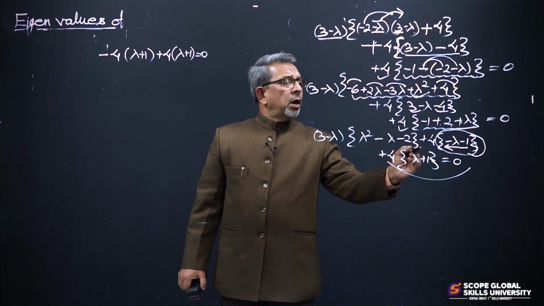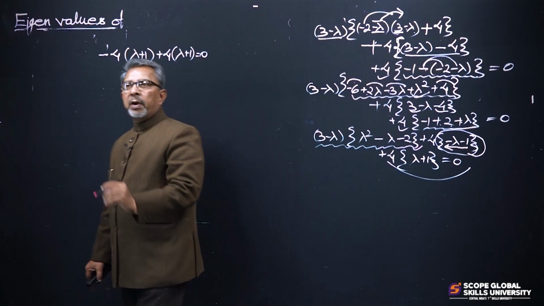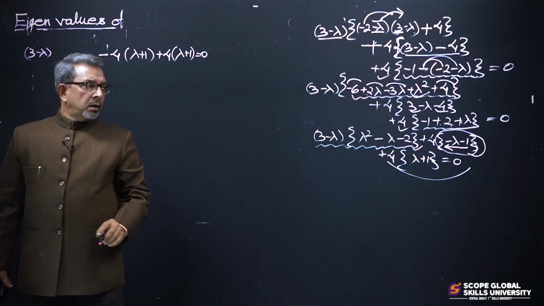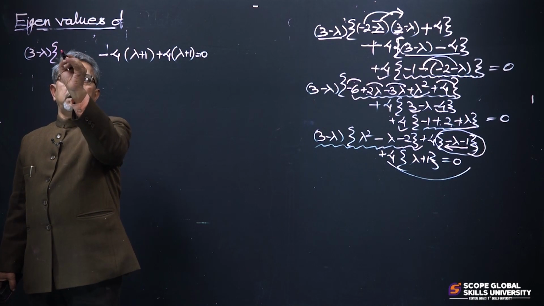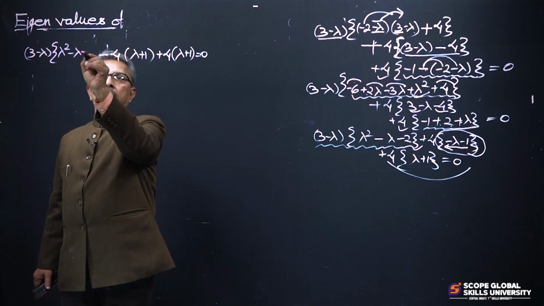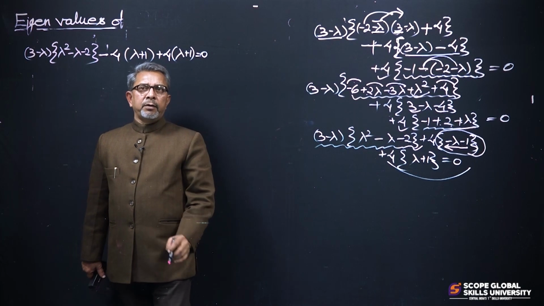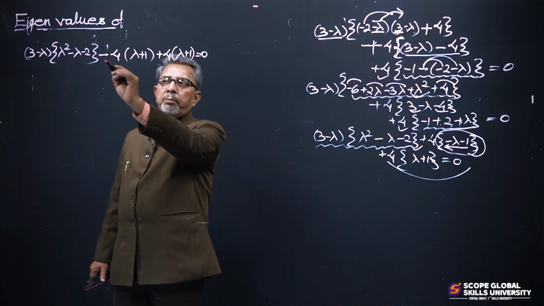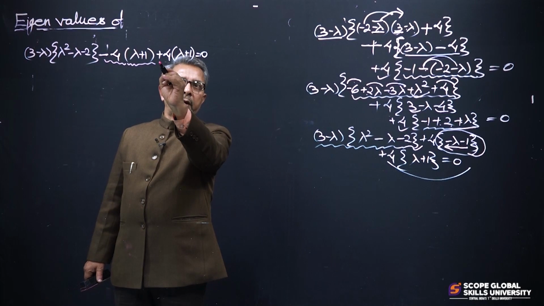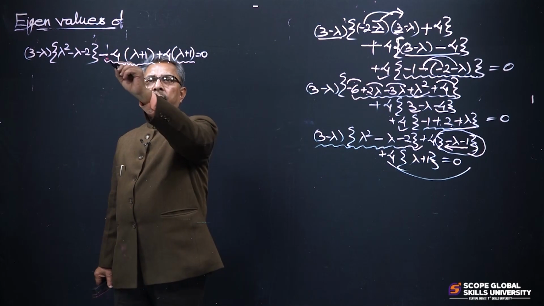Now we will arrange this thing, which is 3 minus lambda multiplied by lambda square minus lambda minus 2. Dear friends, just see here, this is minus 4 multiplied by lambda plus 1 plus 4 multiplied by lambda plus 1, which will cancel out.